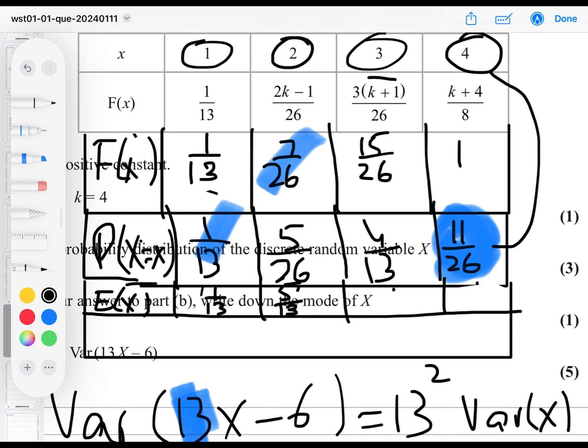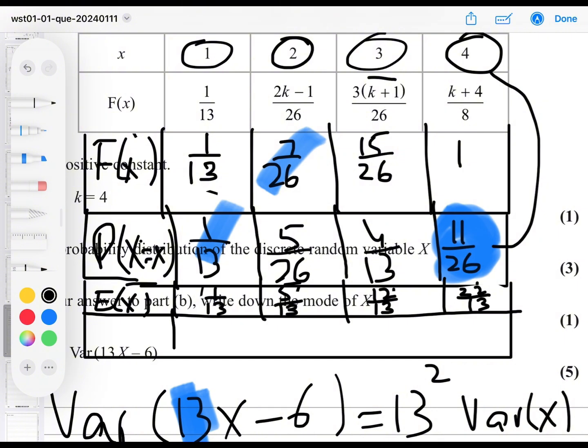Then 4 upon 13 into 3 will result in 12 upon 13. And the last one, 11 upon 26 with 4, so 2 2s are 4 and 2 13s are 26, 22 upon 13.